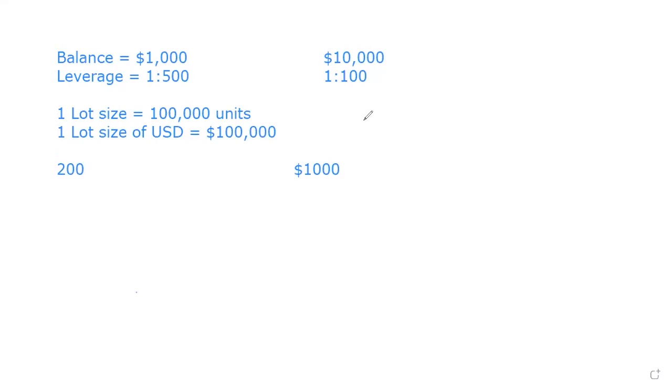I told you people before, in one of the classes, that one lot size is equivalent to $10 per pip movement. One lot size, if the market moves up 1 pip in your direction, you have made $10. I told you people this one before. One standard lot size.